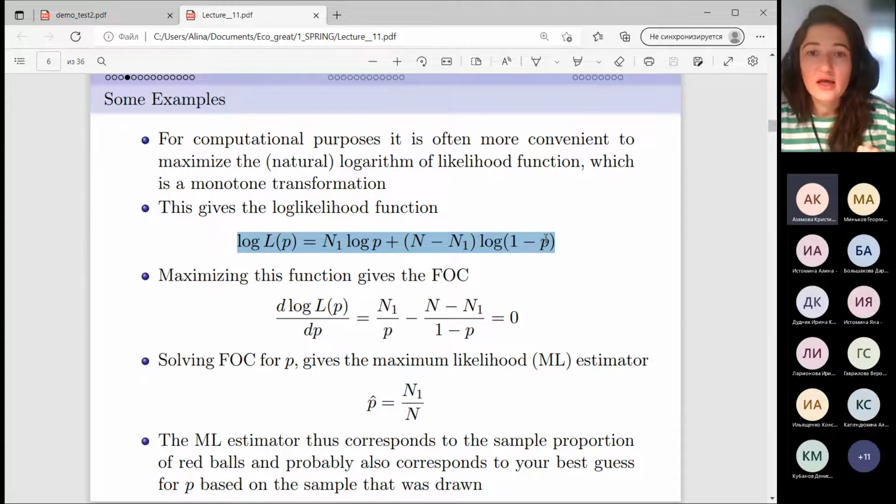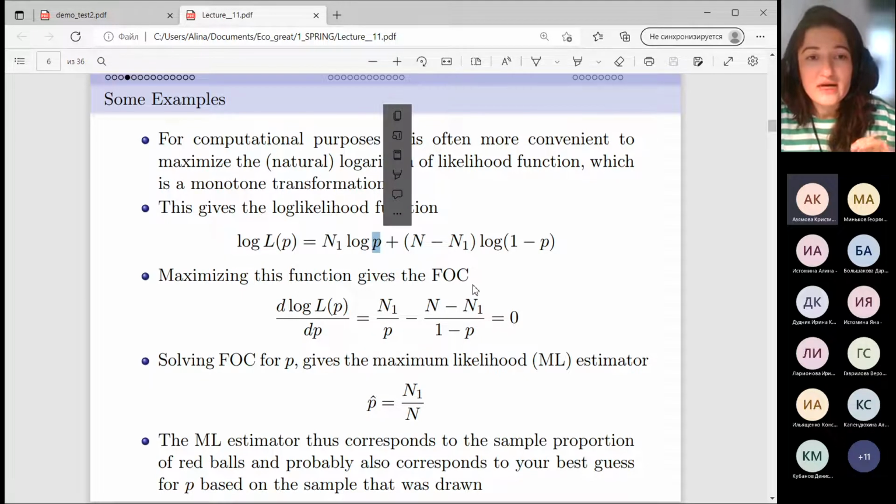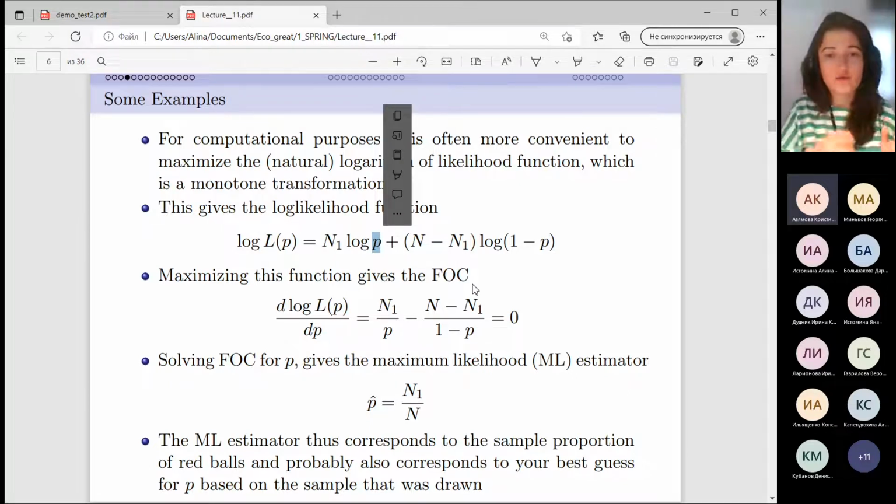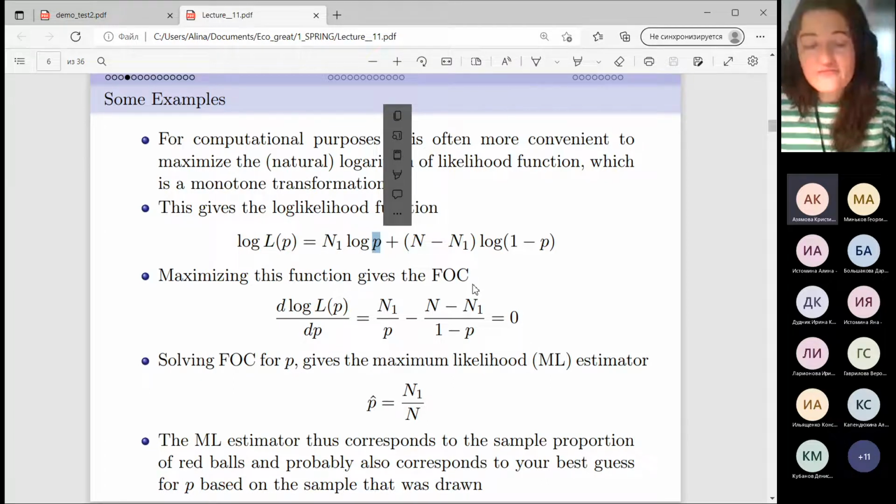Okay, what do we want to find? We want to find this number. And when we maximize this function, we get the first order condition. All these terms are from math, from probability, so all of them are known to you. Okay.